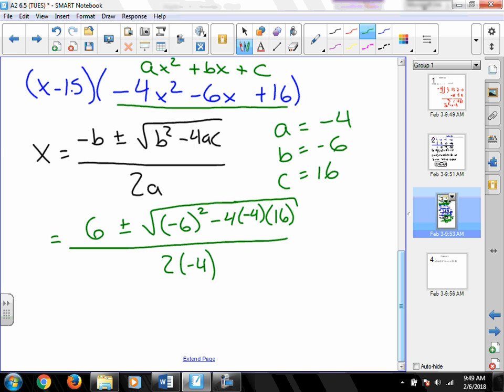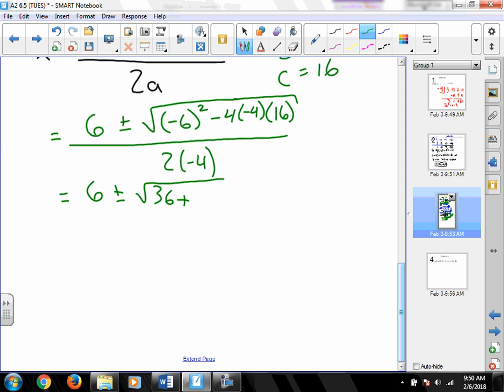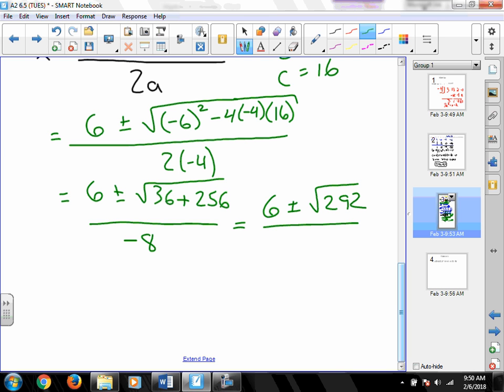Okay. If I take negative 6 squared minus 4 times negative 4 times 16, I'm going to end up with 6 plus or minus the square root of 36 plus 16 squared, which is going to give me 6 plus or minus the square root of 292 all over negative 8.